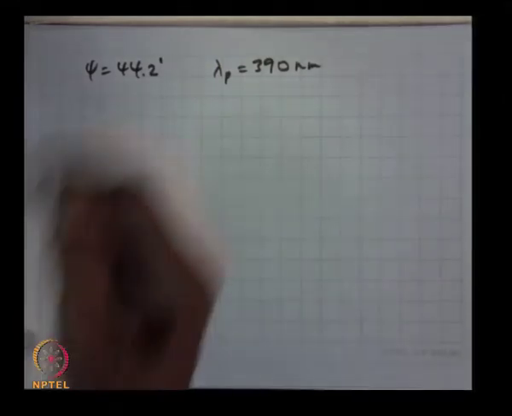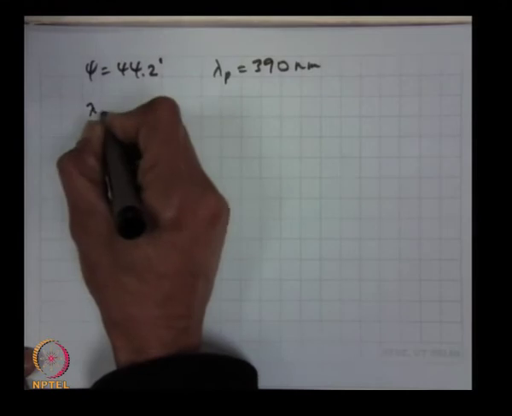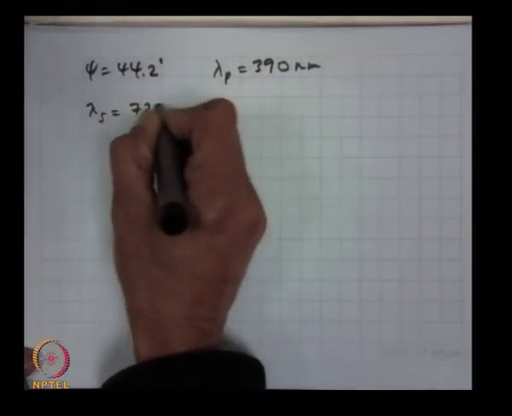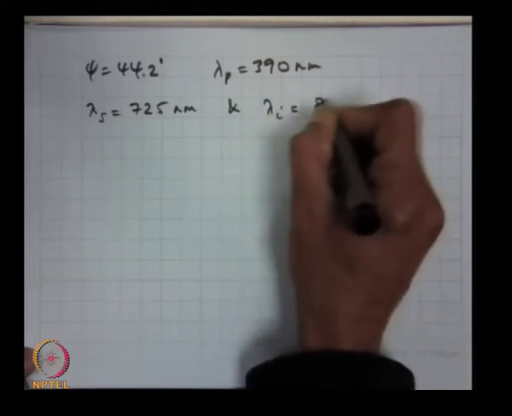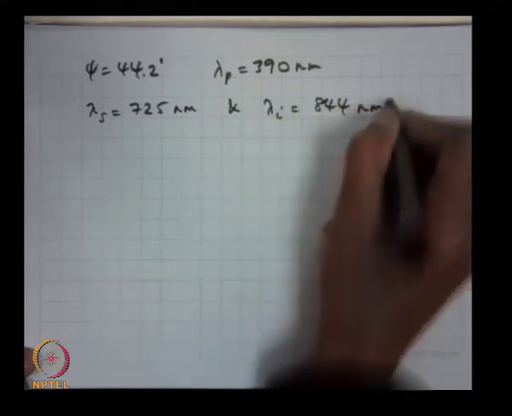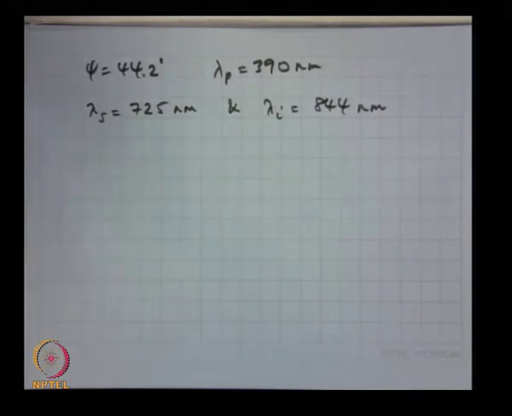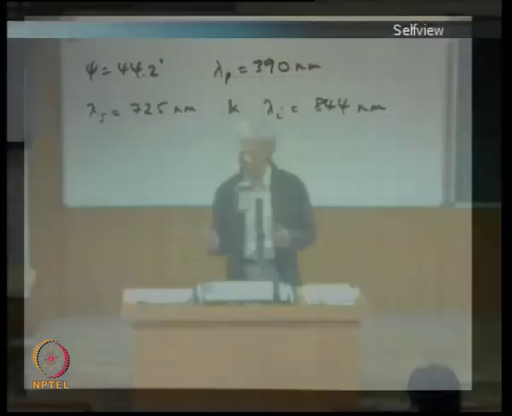And what I will find is that lambda s comes out to be 725 nanometers and lambda i is the corresponding value. So I can tune the pair of wavelengths not by rotating the crystal but by changing my pump wavelength.